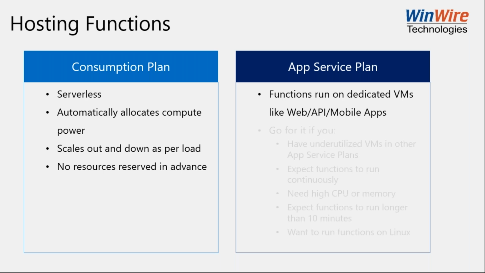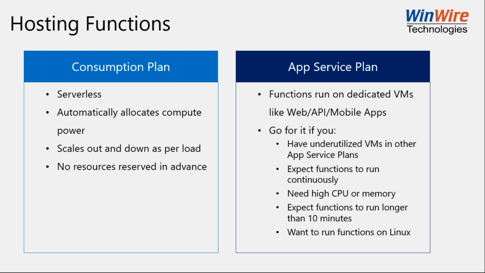But you would do that if, let's say, you already have an app service plan and you haven't really utilized it, right? So you purchased an app service plan, but for some reason or the other, you haven't really utilized it. So you may want to continue using it. There are a few other reasons, and these are very important when you are designing a function, because you specify the hosting plan at the start of the function creation.